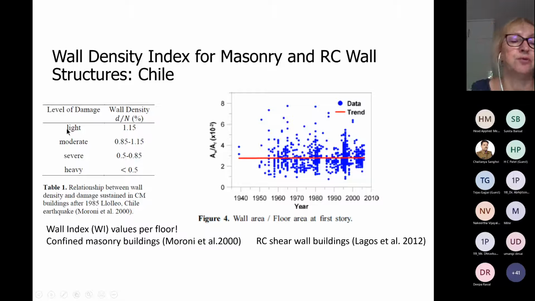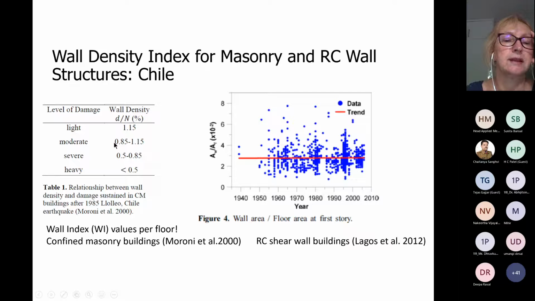For confined masonry, for example, in the building that was in the very strong earthquake that happened in 1985. I mentioned the 2010 earthquake, but there was a strong earthquake in 1985. I believe it was magnitude 7.8. They found that in that earthquake, after visiting and assessing the buildings, those that had a wall density index or wall index of, let's say, 1.15% or more had very light damage.